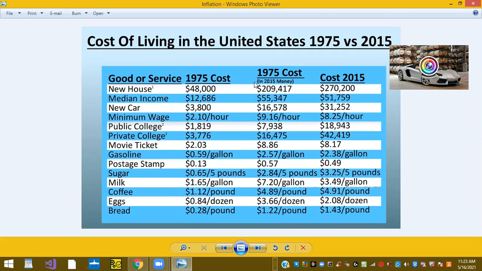And they also make it a little soft by saying your purchasing power would have been $209,000. So from 1975 to 2015, the cost of purchasing a house is almost 4 times as much.